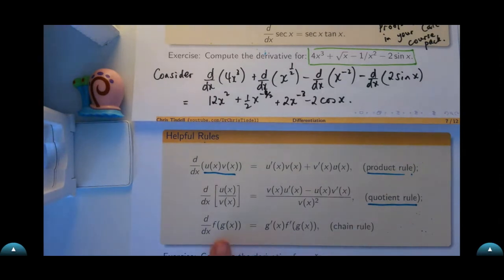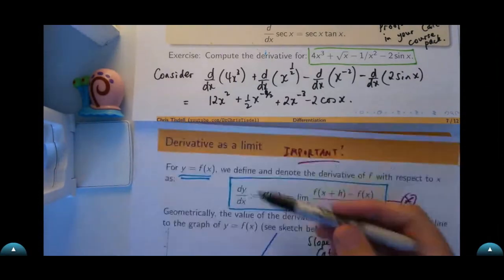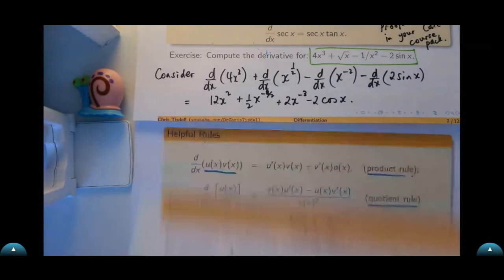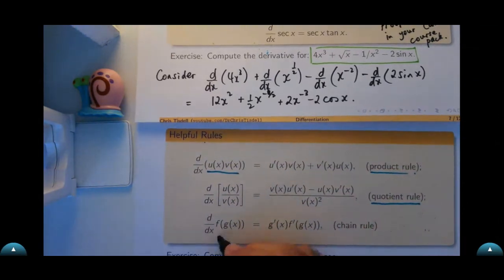Now, there's a few ways to write the chain rule. I want to write it a couple of different ways, because I know some people prefer this dy dx notation instead of this dash notation. So let me give you an alternative formula for the chain rule.